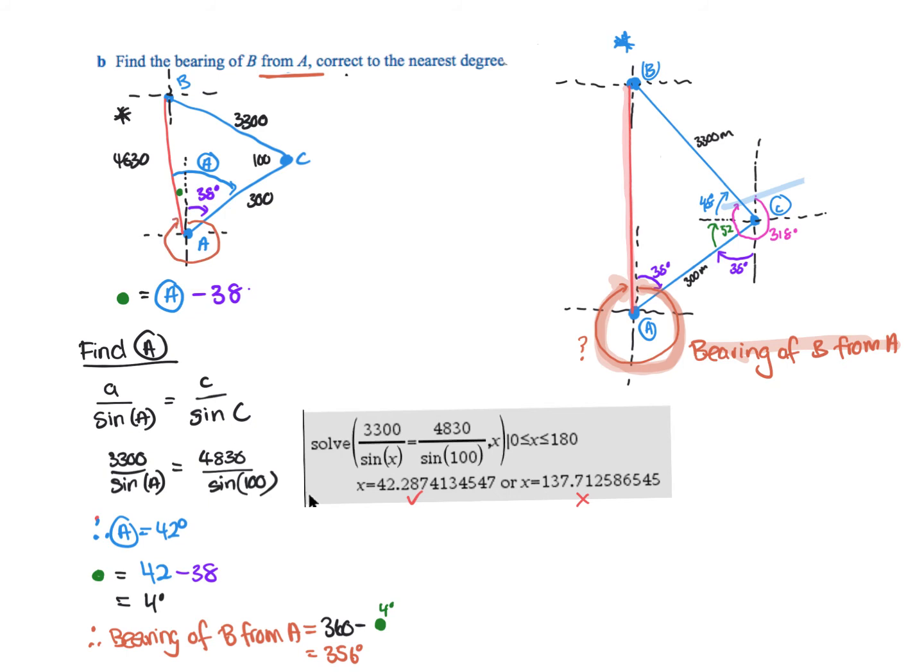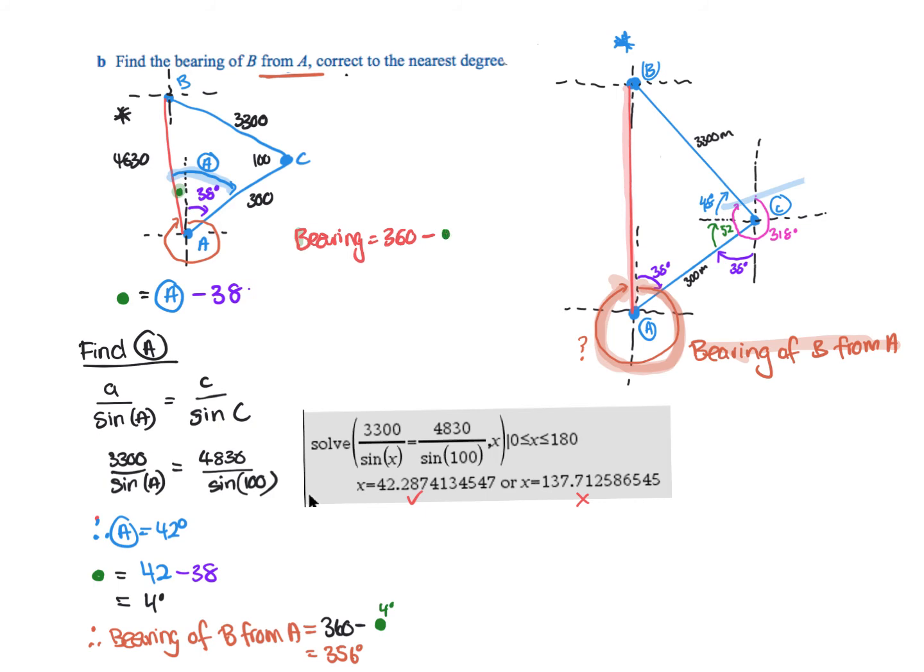So I've worked out, if I find that angle A in my big triangle ABC, and then I minus that 38, it's going to give me that little green dot in there, which I can see is how far off the north line it is. So this is why down here in the final answer, I'm working out that the bearing must be 360 minus that green dot, because that's how far it goes all the way around.